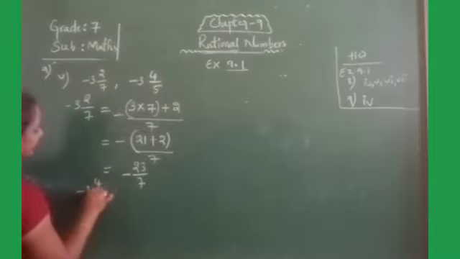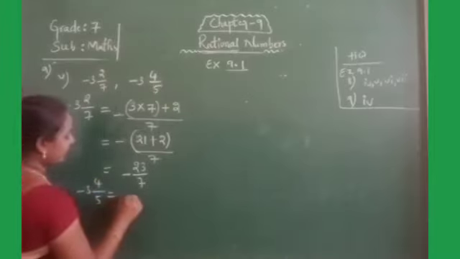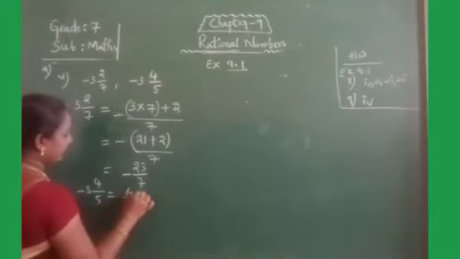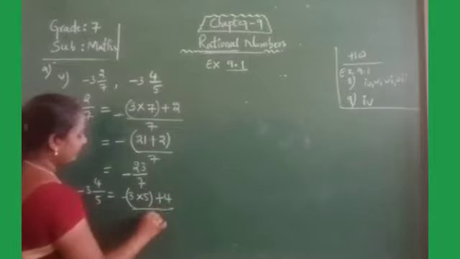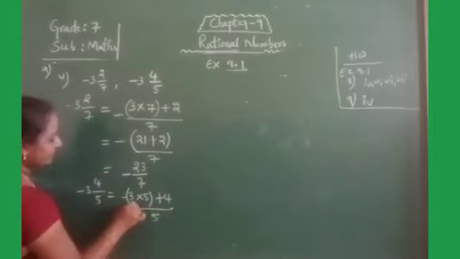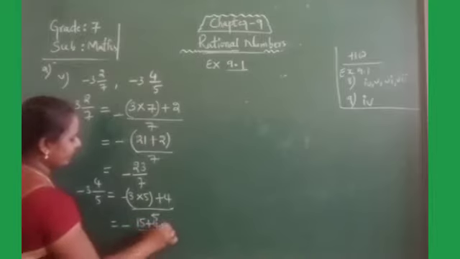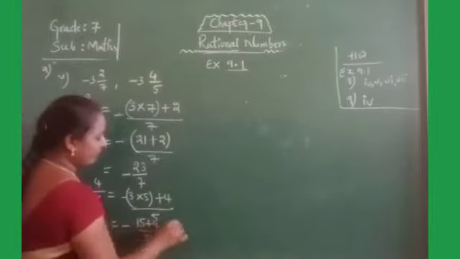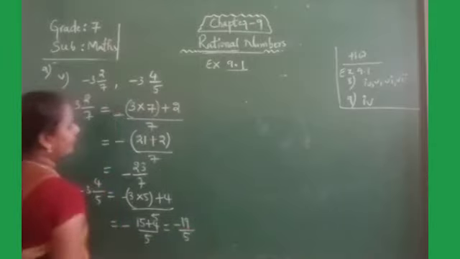Next, minus 3 4 by 5. Here also you write minus, 3 into 5 plus 4, by 5. That means 3 fives are 15, plus 4, by 5. 15 plus 4 is 19, so minus 19 by 5.